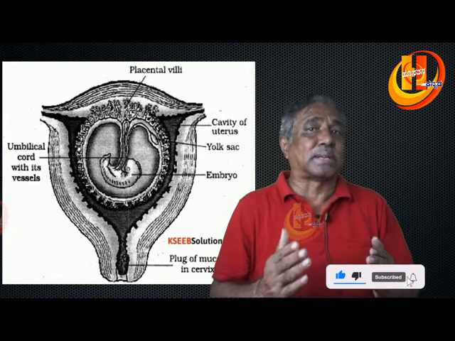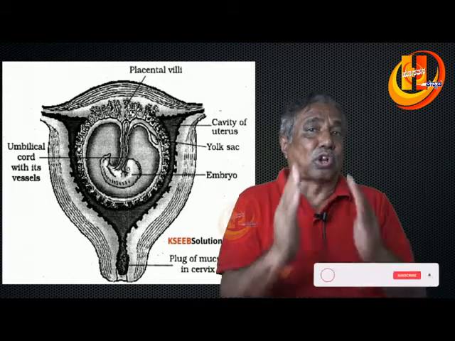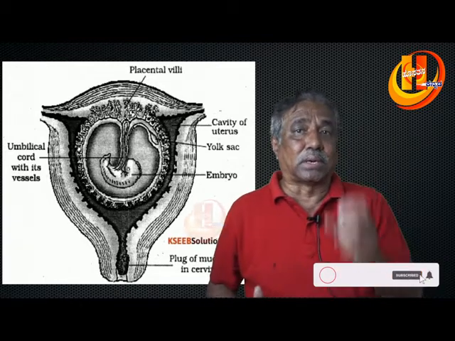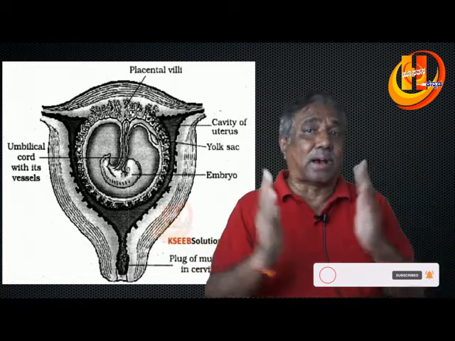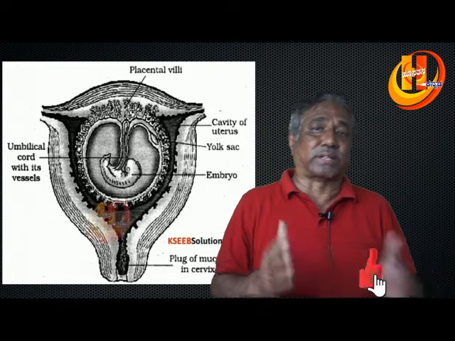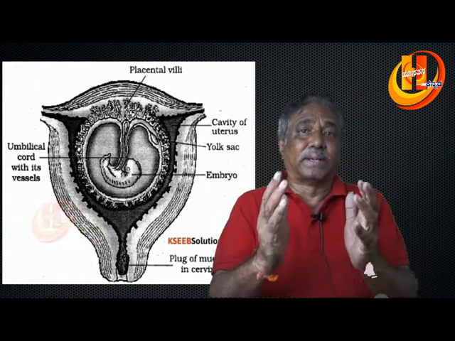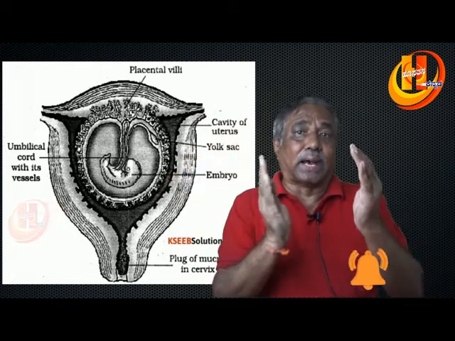The third month marks the end of the first trimester, that is 12 weeks. At the end of the third month, external genitalia appear. In the fourth month, movement of the neck starts, and in the fifth month, head and hair appear.